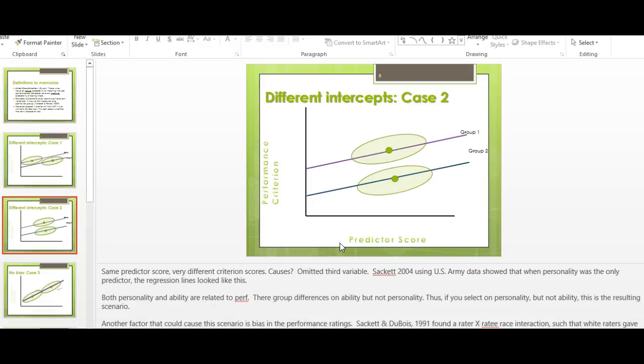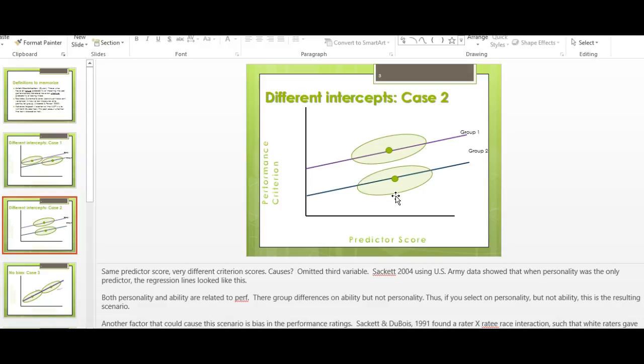First, we may have bias in the performance ratings. If a supervisor is giving one group higher ratings than the other, and it is not true performance that they're measuring, so this is criterion contamination, then that is an issue that needs to be addressed. And this pattern of findings would be indicative of that.